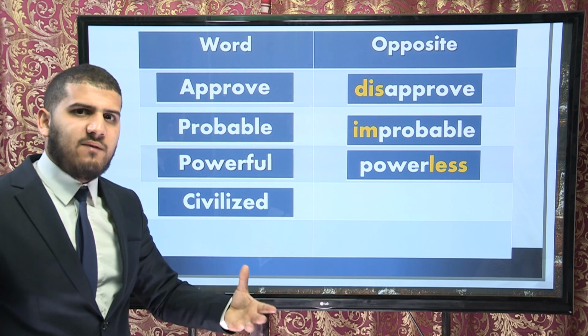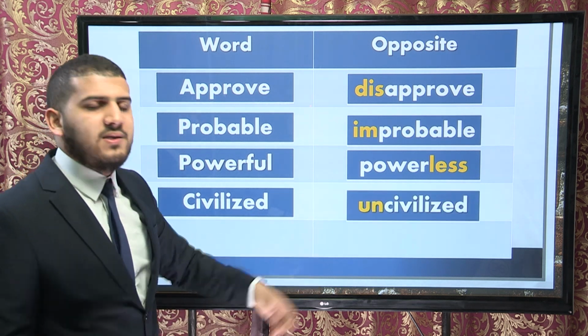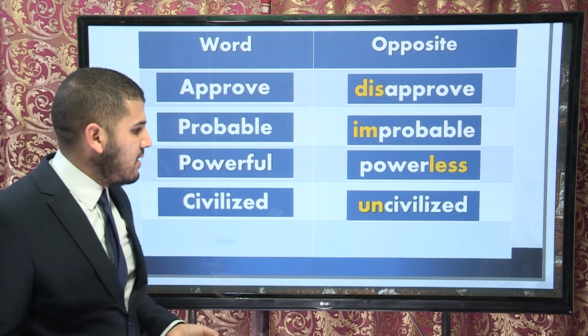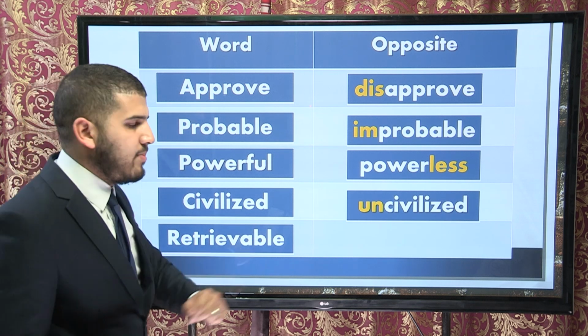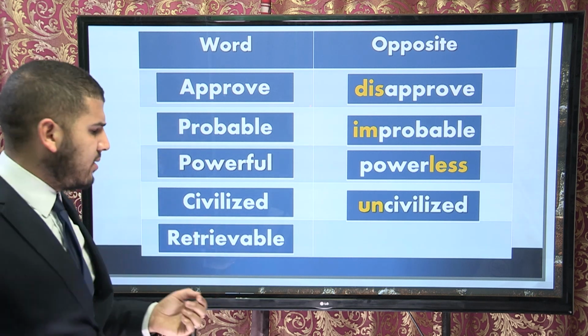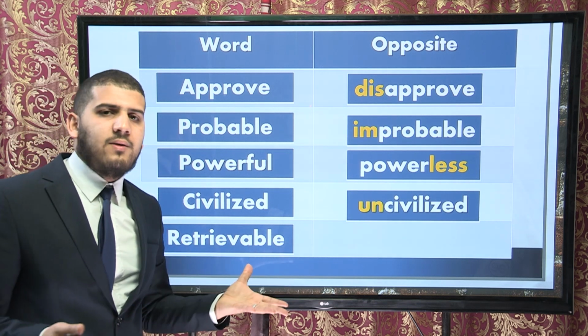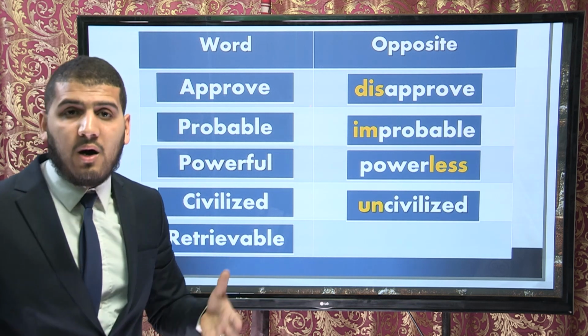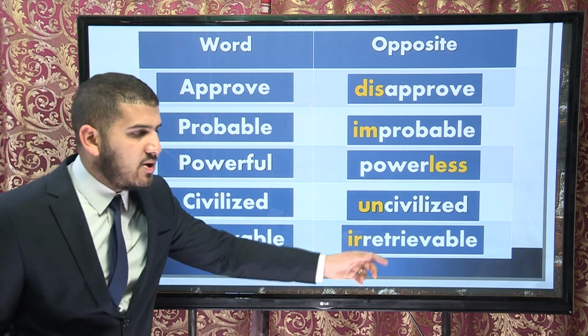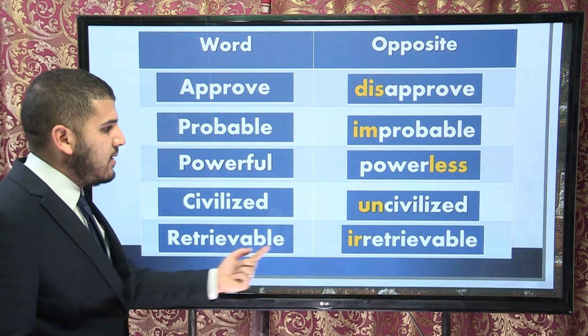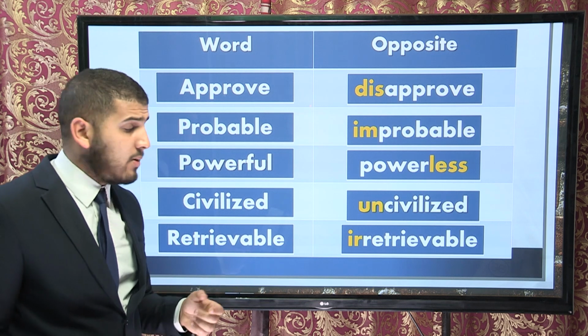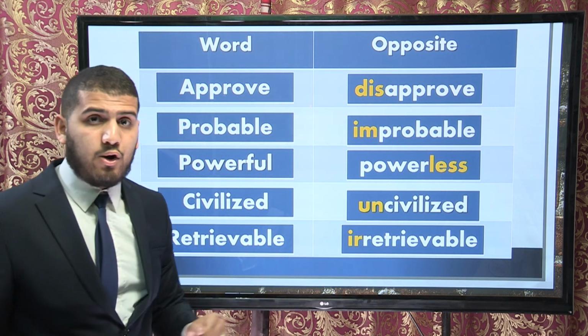The opposite of civilized is uncivilized. The next one, retrievable. Now the word retrievable starts with R, therefore we need to add the prefix ir. So we have retrievable, irretrievable, because it starts with R.